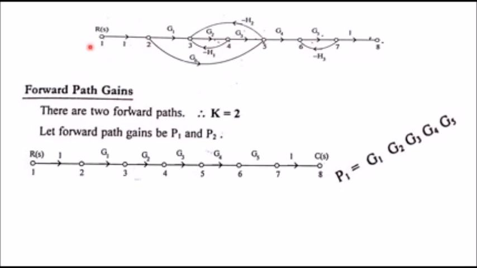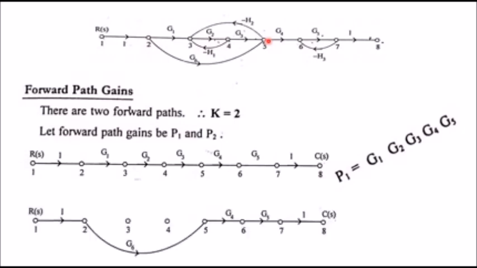You might say, sir, go to this path, then take this path, reach here, then come back this way, then go straight. No, because in this way we have to travel node 5 twice. That is not possible. So to find a forward path, we need to travel the nodes only one time.